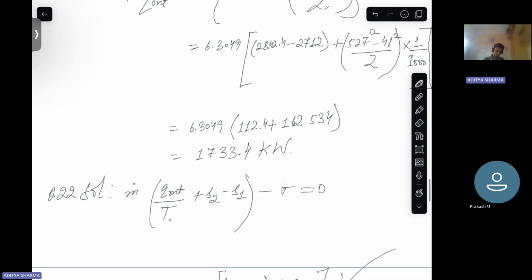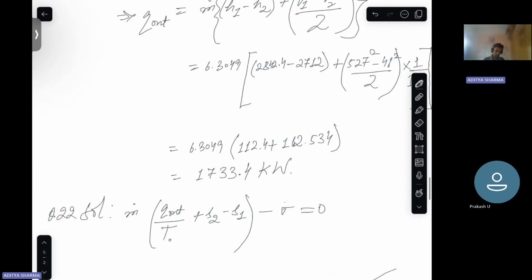And because we solved it in terms of kilojoules, I have not changed the enthalpy terms by multiplying with 1000. And for the velocity terms, I have multiplied it with 1 by 1000. In that case, the answer I'll get will be in kilowatt terms, right? So this we have done.